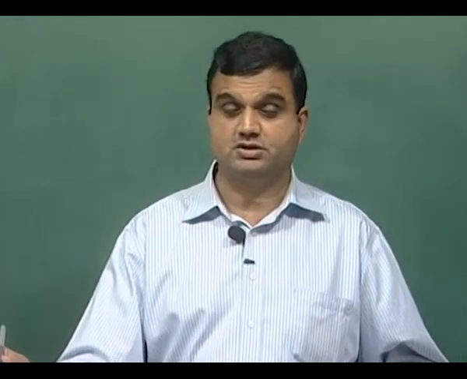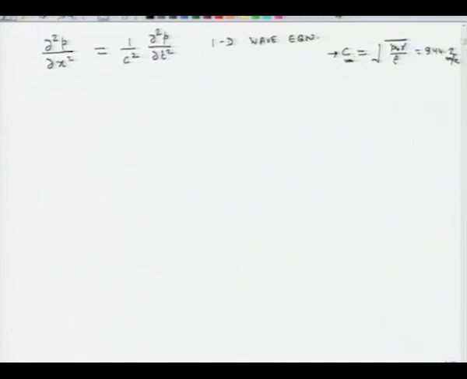So what we see here is that this value of c and the measured value of speed of sound are awfully close, and we will see the reason why this constant, which is square root of p naught gamma over rho naught, is actually the speed of sound.